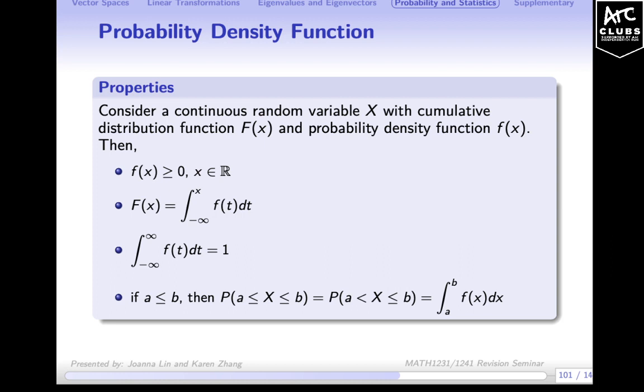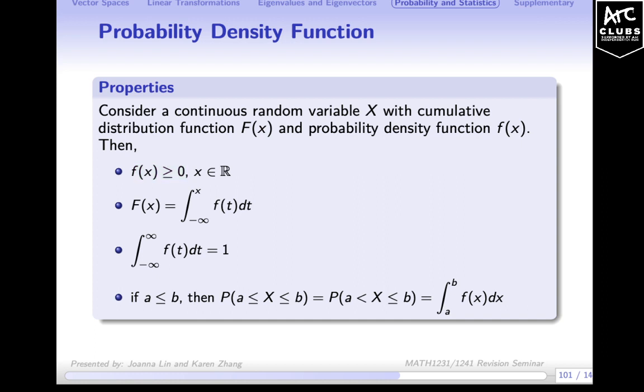These are just more properties, and you can see that it looks similar to your discrete random variable properties. It's essentially the same thing, except that instead of a sum, you have an integral sign, because you're looking at continuous random variables. Again, your probability density function is always greater than or equal to 0.